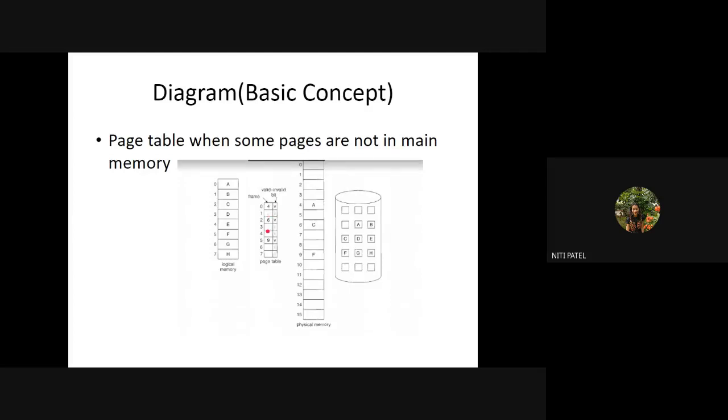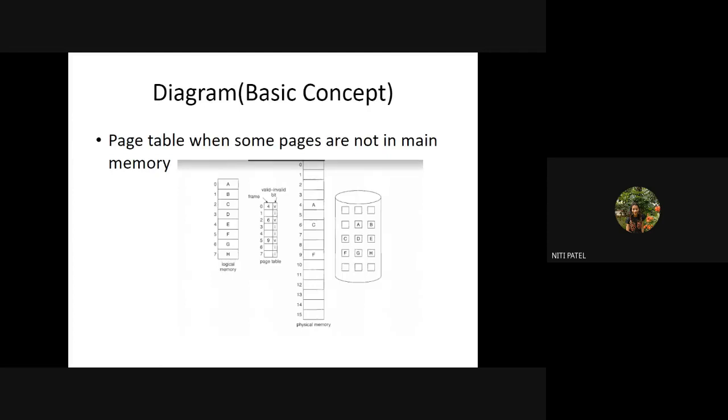Wherever the frame is not there, that means the data is not there and it is an invalid bit. So wherever you have invalid, you have to load those pages from the secondary memory. Wherever it is valid, it means the frame number is there and you can directly go to the physical memory and extract. But where the frame number is not there, it is invalid, which means you have to load only those pages from the secondary memory.